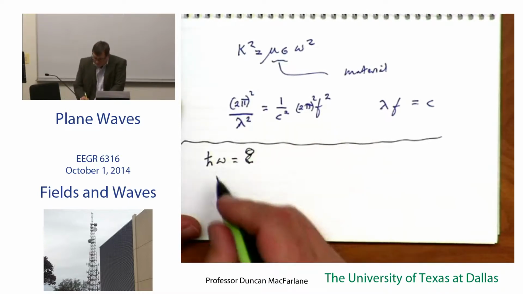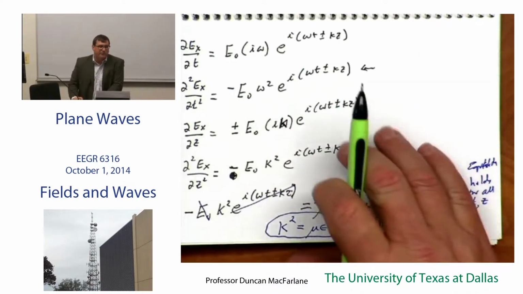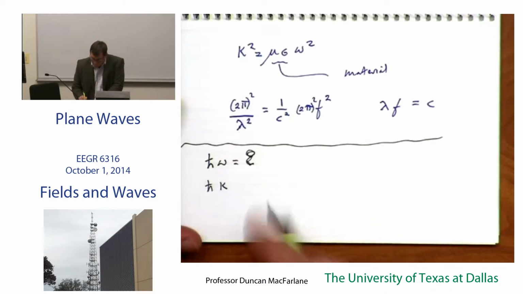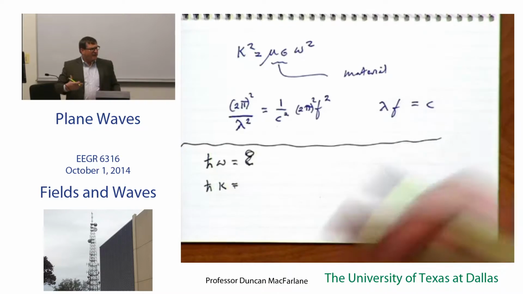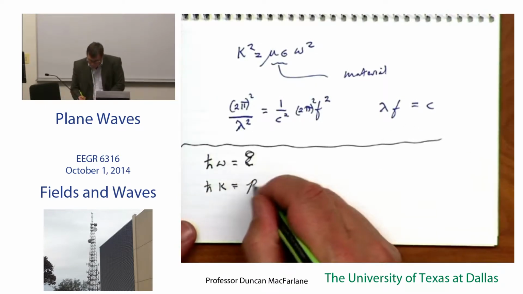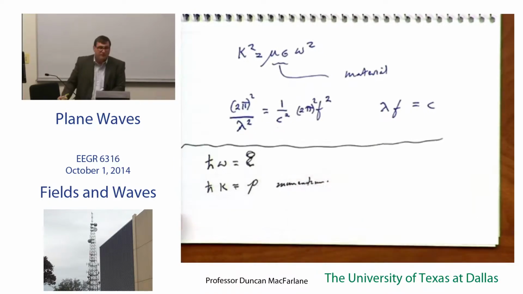Well, gee, if I do that, then I should also probably multiply everything in my exponent by that. So I'd have an h bar times k. And remember that k is tagged by a plus or minus. So that tells me something about the direction that it's moving. And that's equal to the momentum. Okay?